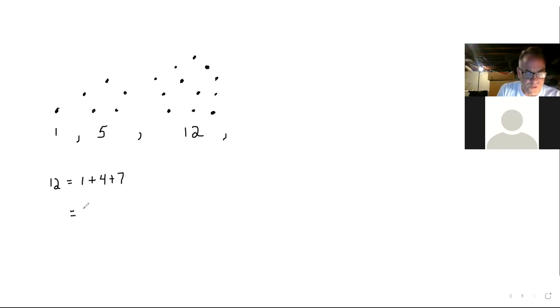So to get the fourth term, reasoning inductively, what do you think I would add here? To get the fourth term of the sequence, what 4 numbers would I add up? And that is correct, Justin. It would be 10. It's by gaps of 3 now. And so the next term of this number sequence is 22.